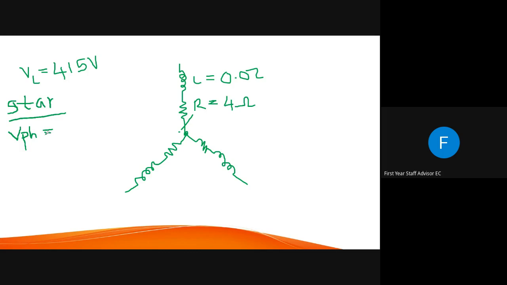What is the equation? We have done the derivation. In star connection, line current and phase current are equal, and we have derived a relation for phase voltage and line voltage. What is the expression we got after derivation?